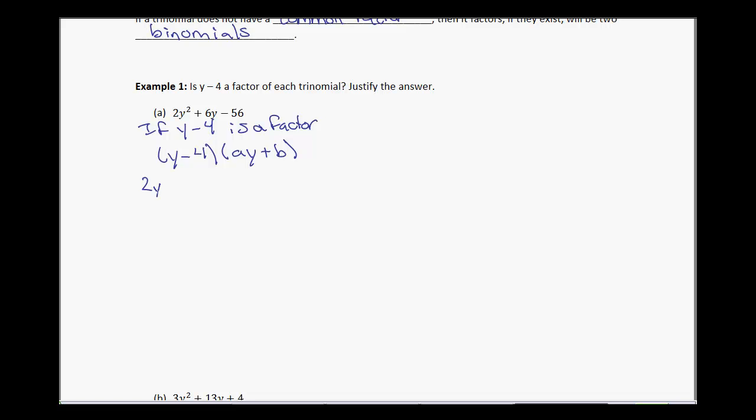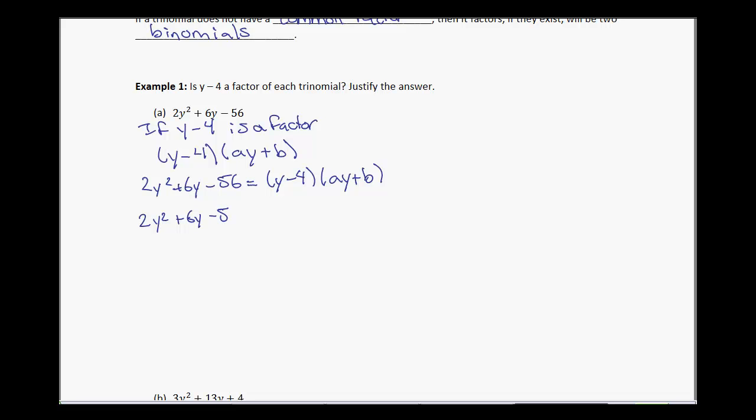So we can say that 2y squared plus 6y minus 56 equals our y minus 4 times our ay plus b binomial here.